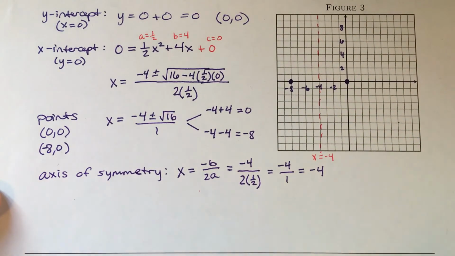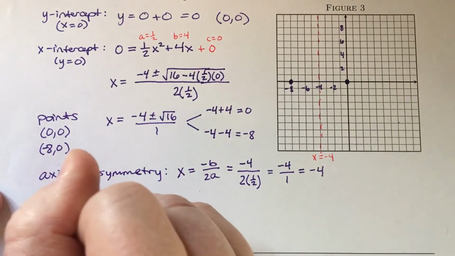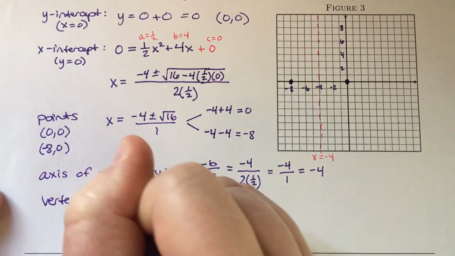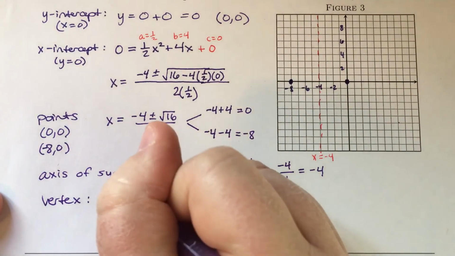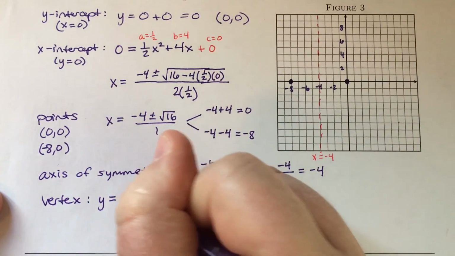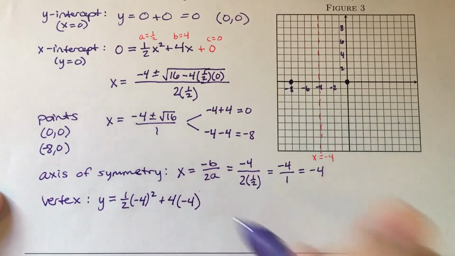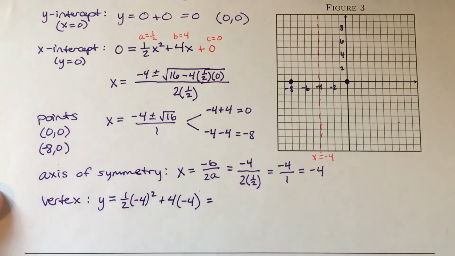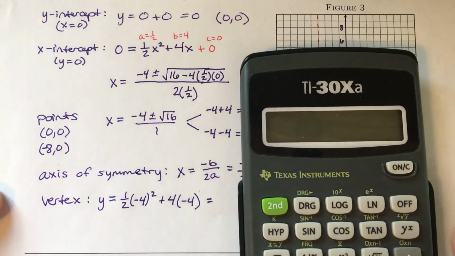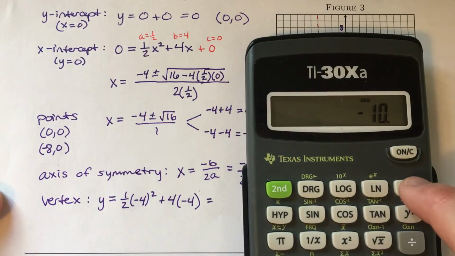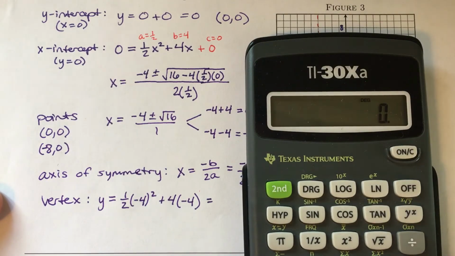Now that we have it, to find the vertex, we need to plug into the original formula. y equals 1/2 times negative 4 squared plus 4 times negative 4. And again, use a calculator, right? Don't be afraid to use a calculator. At this point in the course, that's totally fine.